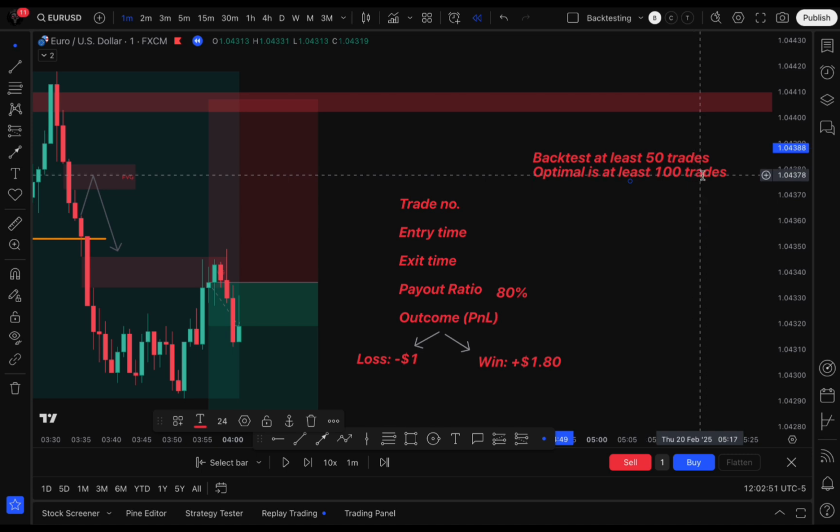That would give you a clear distribution of your wins and losses and how many times you have won, for example 65, 60, 40, I don't know, and your final P&L, which you can easily calculate by summing this column or row, the outcomes or P&L. And for the win rate, of course, you should divide your winners by the total number of trades.